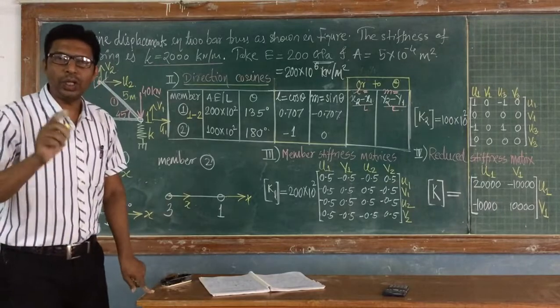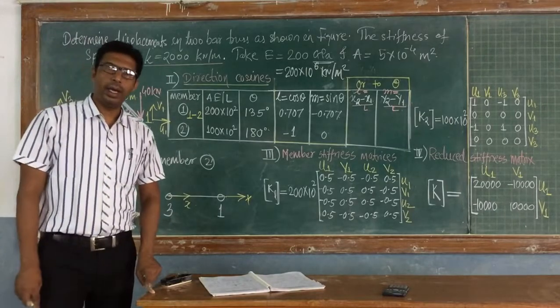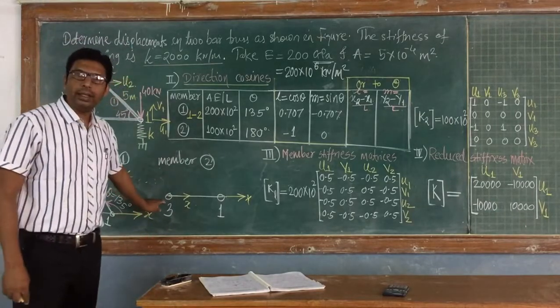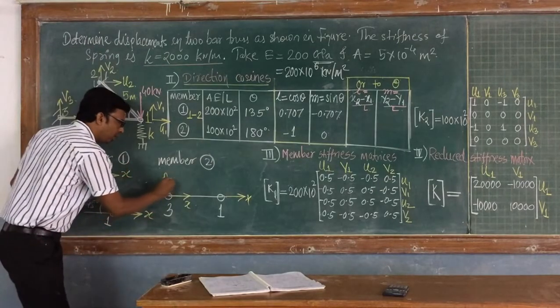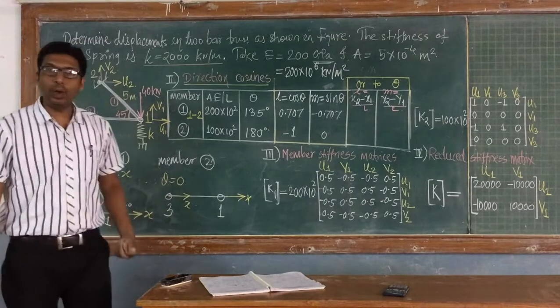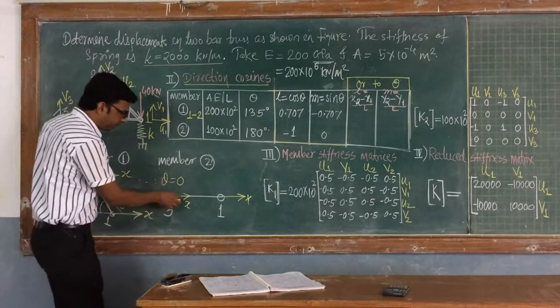Now with respect to positive x-axis, if you take node 3 as the first node, theta is equal to 0 in anti-clockwise sense.